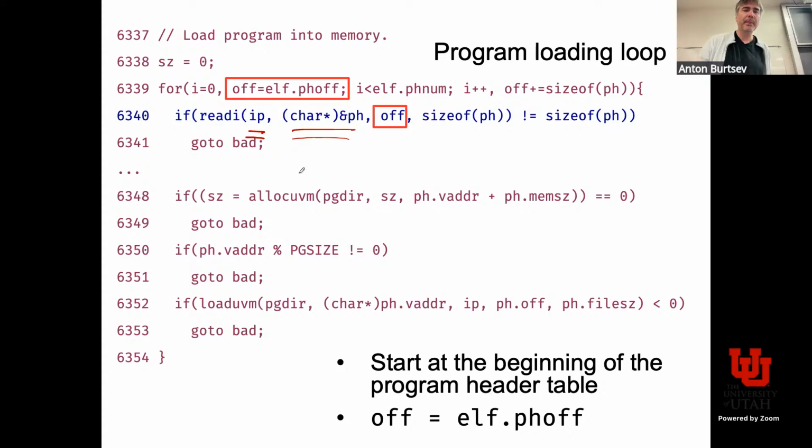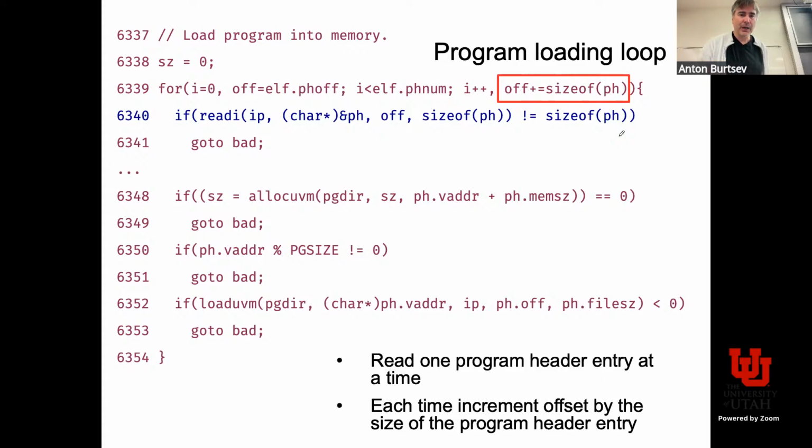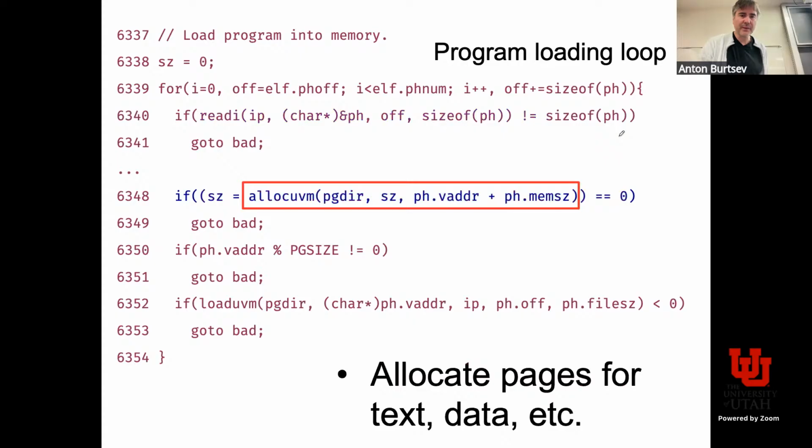We have the entry which we have to load into an ELF file, right? We read them one by one, we go in this loop, and we're essentially incrementing this offset in the file, which we use here, by the size of the program header entry, right? Makes sense?